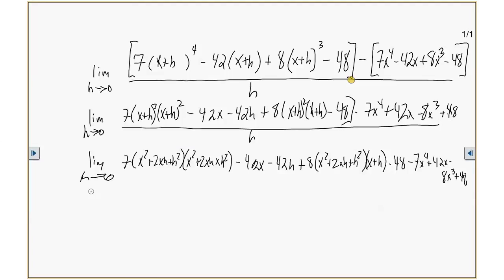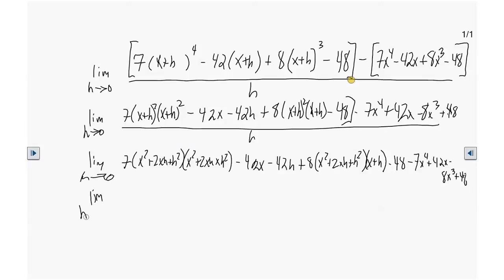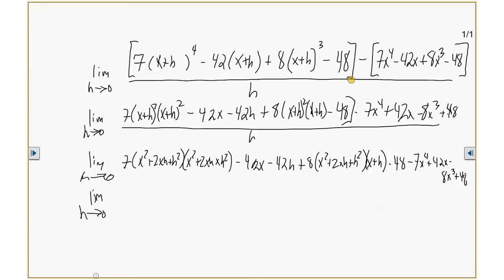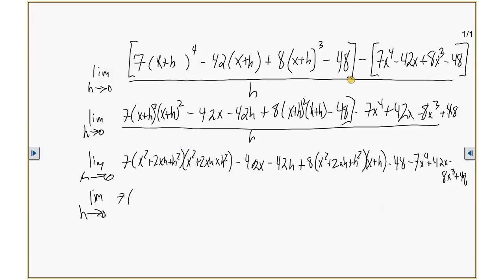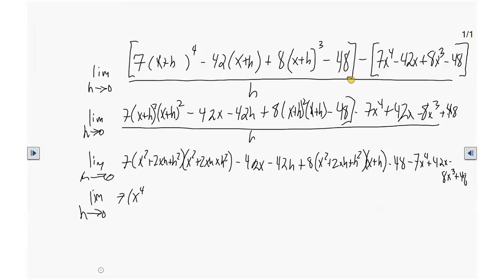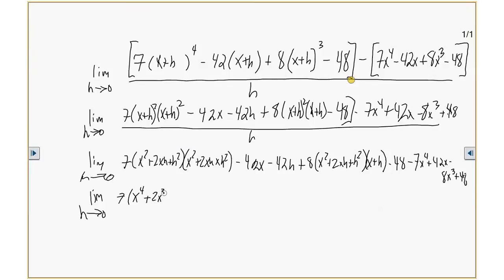Then limit as h approaches 0, and that's going to be 7. You ready? X to the 4th plus 2x cubed h plus x squared h squared, right? That's a plus. Okay.